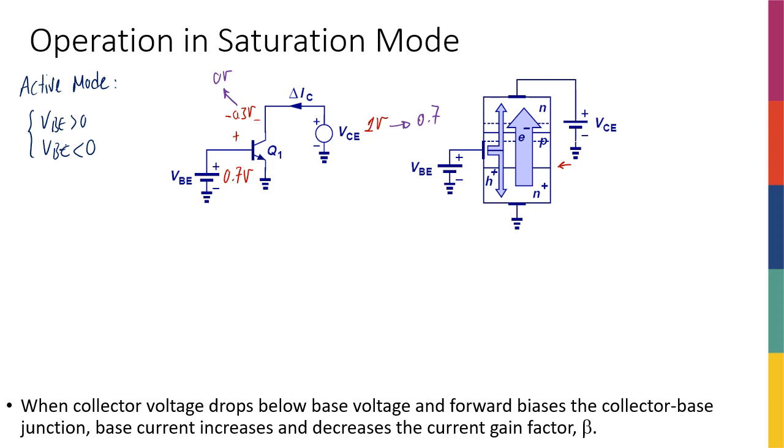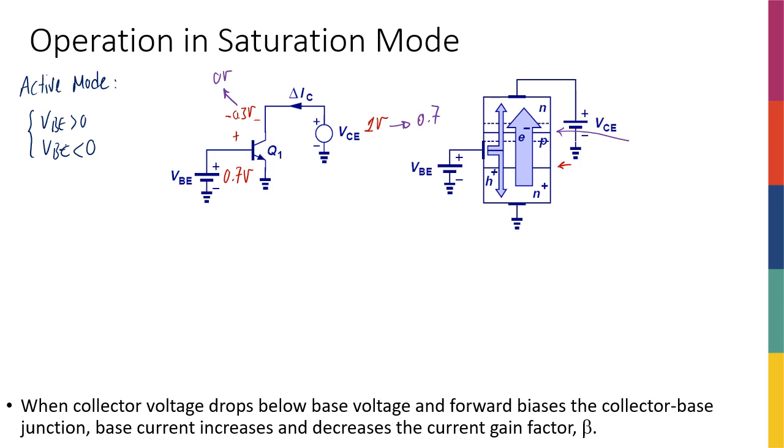Actually, not much. Because the PN junction between base and collector is not reverse biased anymore, but it is at equilibrium, and we know that at equilibrium we still have a nice depletion region there. Therefore, the transistor is operating with more or less the same principle of operation.